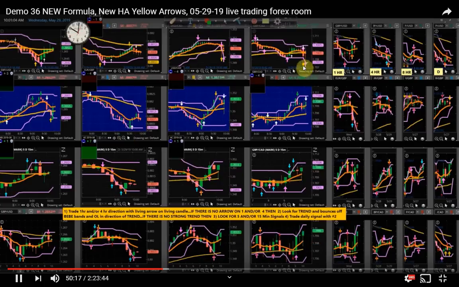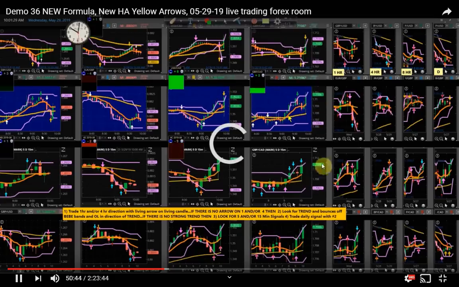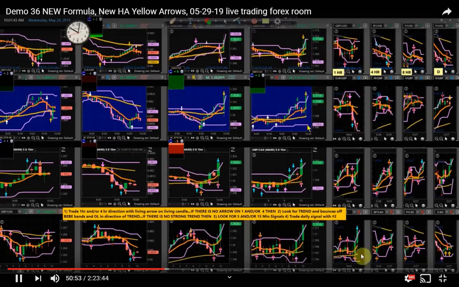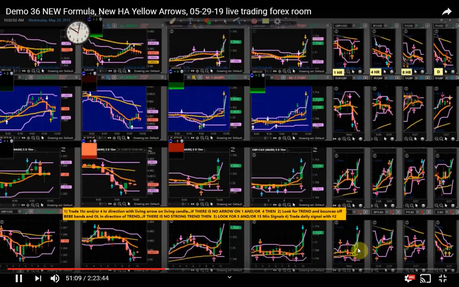There you go, look, yellow gets another signal next to it, and it's pretty much because you pierced the 1 hour orange line, and look, number 1 kicked in again.